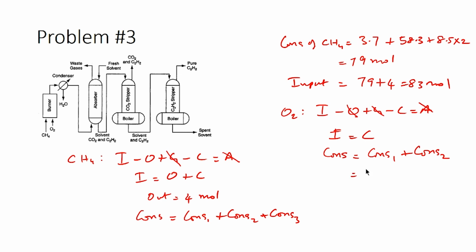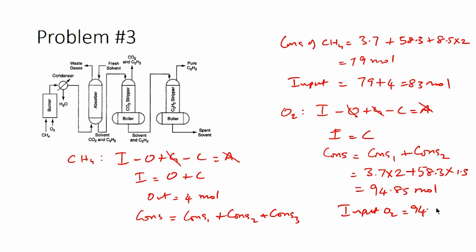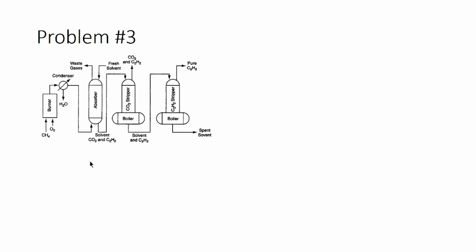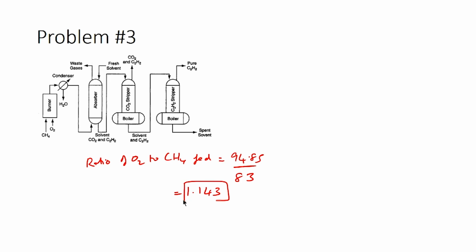So, the consumption of oxygen is equal to generation of carbon dioxide times 2 plus generation of carbon monoxide times 1.5, which is 94.85 moles. Therefore, input of oxygen is equal to 94.85 moles. Based on this, we can calculate the ratio of oxygen to methane fed as 94.85 divided by 83, which is equal to 1.143. So, this is the ratio of oxygen to methane being fed.